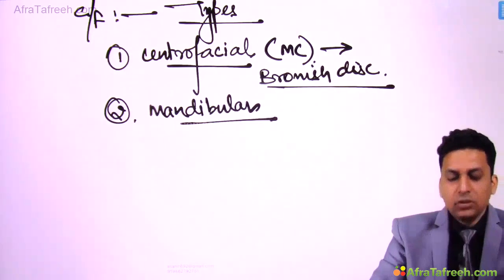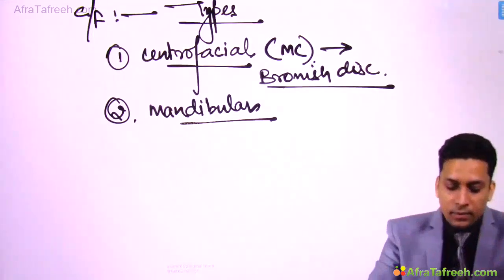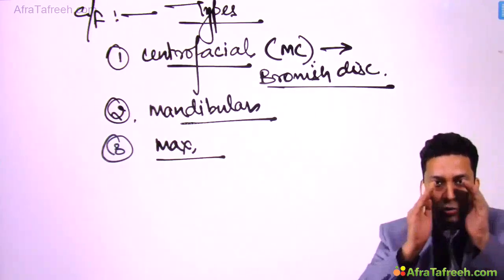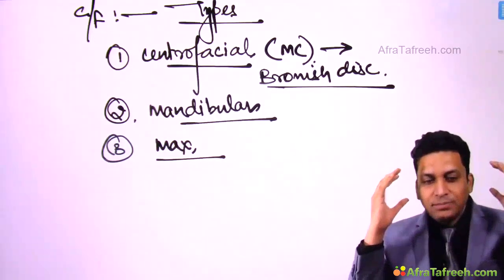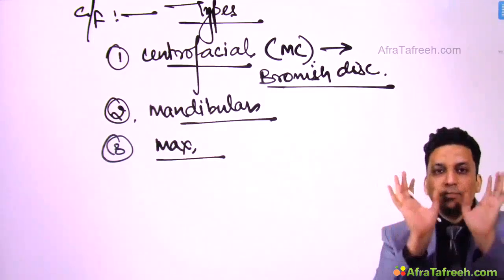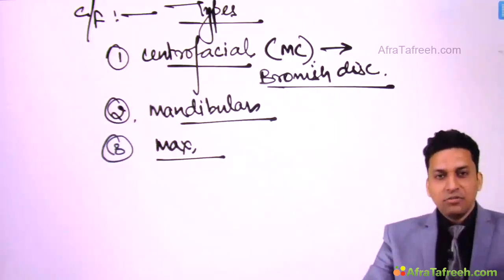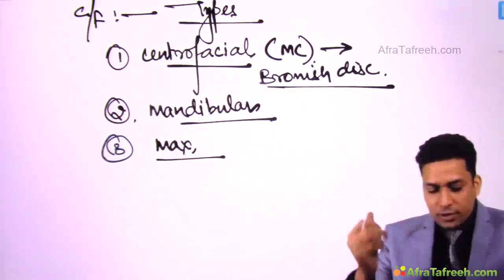Here also there will be brownish discoloration, but over the lower face, the mandibular area. Then third is maxillary, where the outer upper portion of the face is involved. Mandibular type if the lower face, and if the central part of the face, then centrofacial. Centrofacial is most common, where the lesions are present over cheek, nose and forehead.